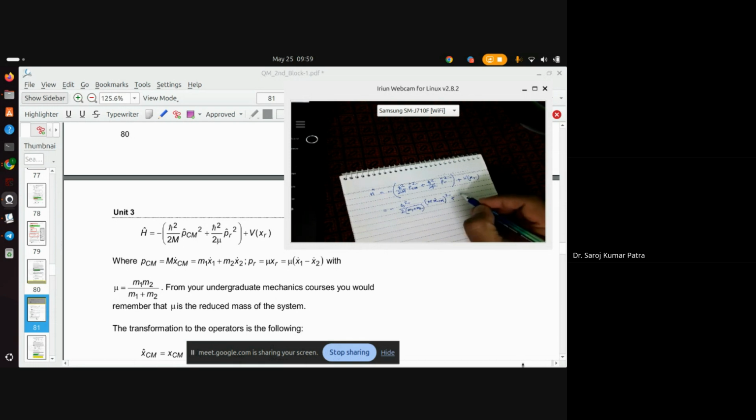plus h cross square by 2 mu, where mu is m1 m2 by m1 plus m2, plus PR.